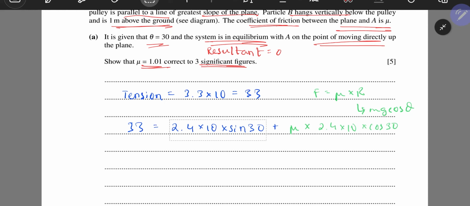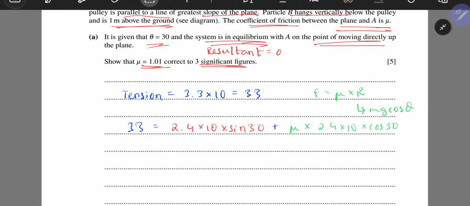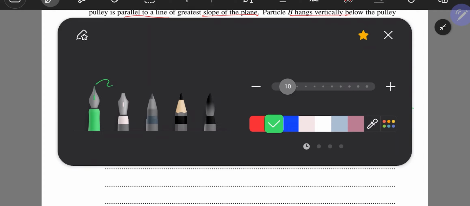So for the downwards component, friction is equal to tension. Now it's just about rearranging the equation to make mu the subject. So let's start simplifying.